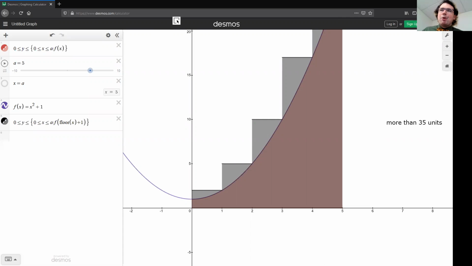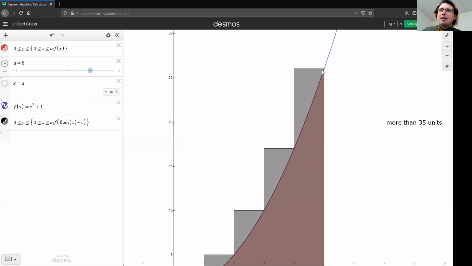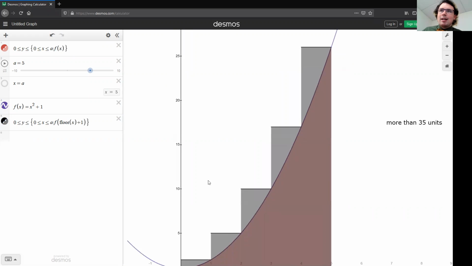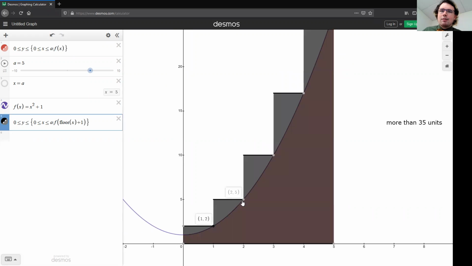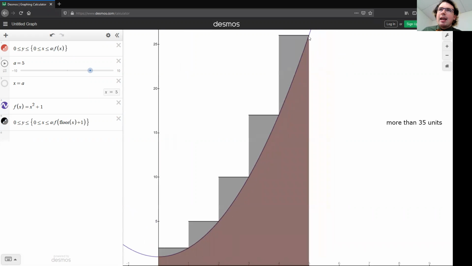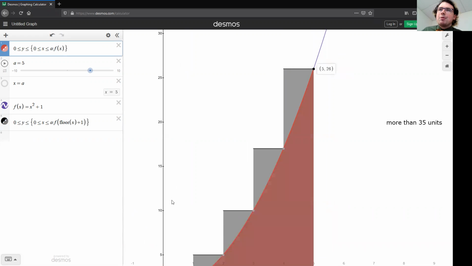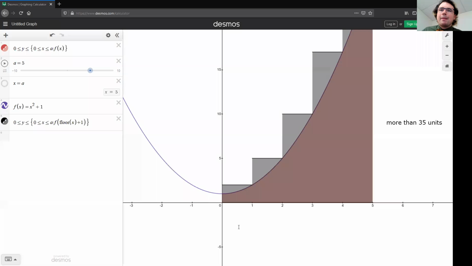For an upper bound, again, I just need to know the heights of all of these points. And in fact, it's mostly the same numbers as before. That's kind of funny. So 2, 5, 10, 17, and what was that last one? 26.